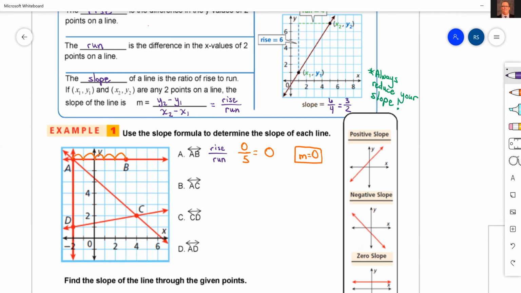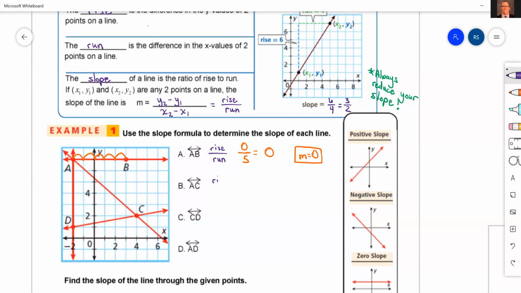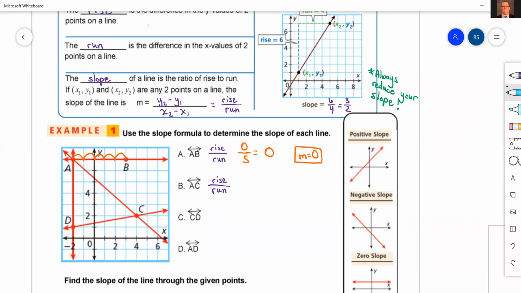Now, for the next one, from A to C, again, we're going to use rise over run. So if we look at our graph, there's A right here, and there's C down there. So how much do I rise? Now, when I do this, I have to go left to right.